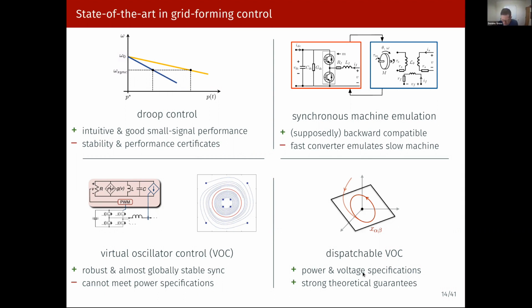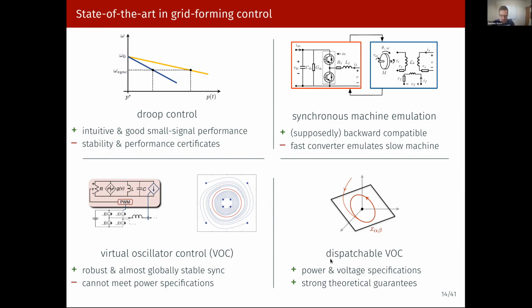And then something we came up with a few years back was this dispatchable virtual oscillator control, which you can give power set points and voltage set points, and there are very strong theoretical guarantees as to what happens when you interconnect these things. Typically in the stability analysis of the droop control and machine emulation, you have to drop these nonlinearities that we were talking about before and just look at the linearized system.